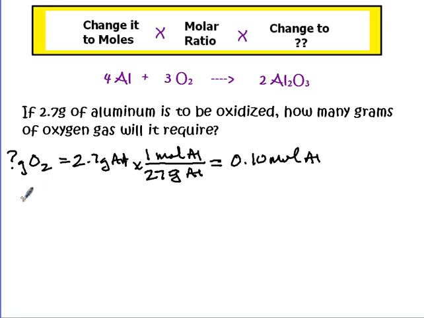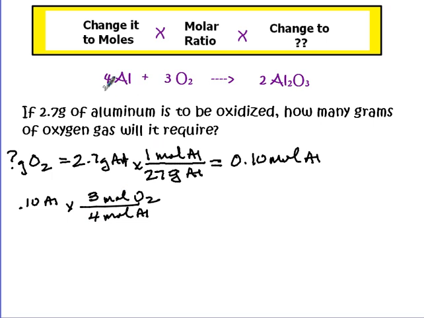Here we go. Now that I have my 0.1 moles of aluminum, now I can use that molar ratio and make the switch. On the bottom, I'm going to put moles of aluminum, and on the top, I'm going to put moles of oxygen. Again, it's moles over moles, making the change to a different substance, and now I'm going to grab these numbers from my balanced equation.